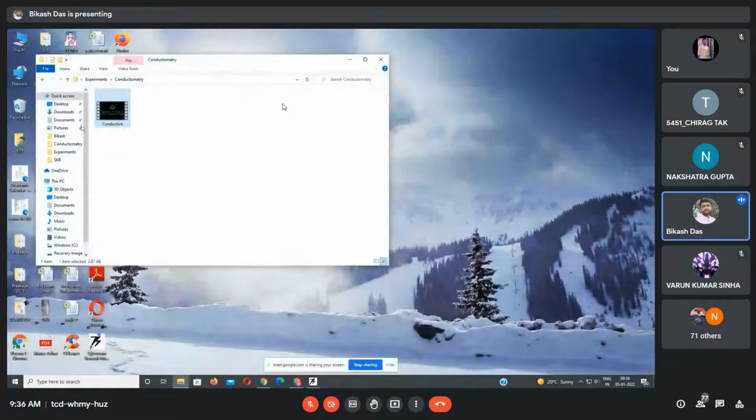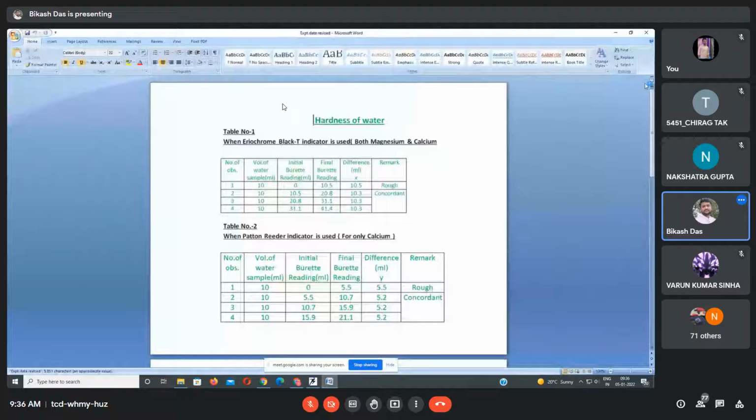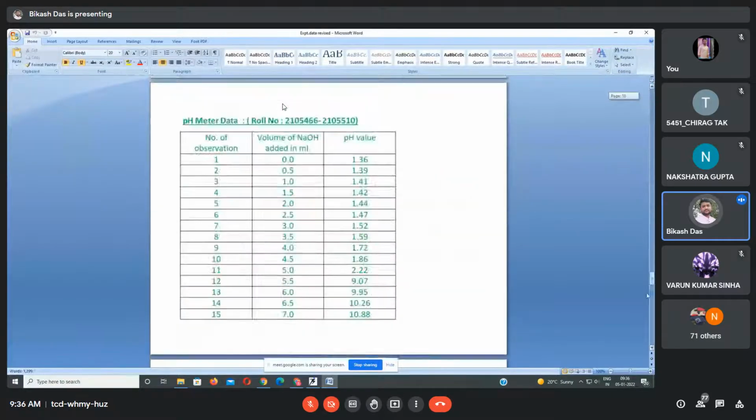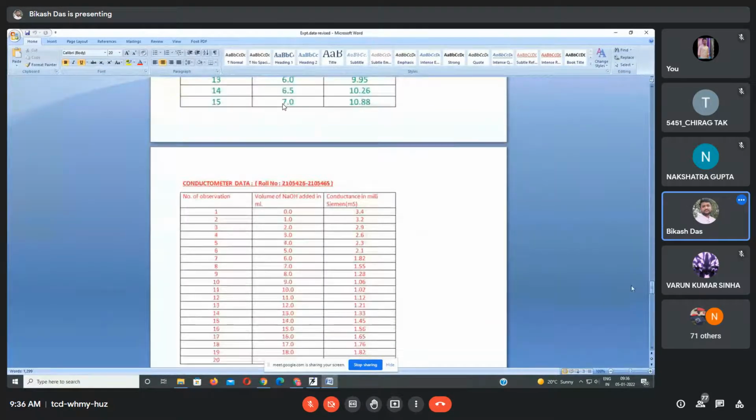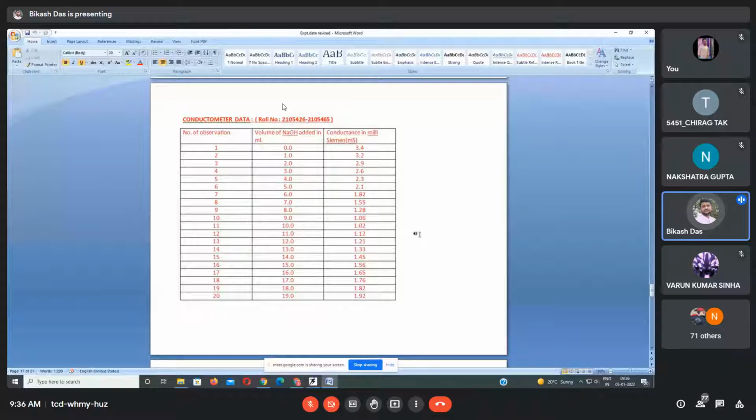Now let's see the data, right? I hope the screen is visible, right? So group 1 students, please note down the data.